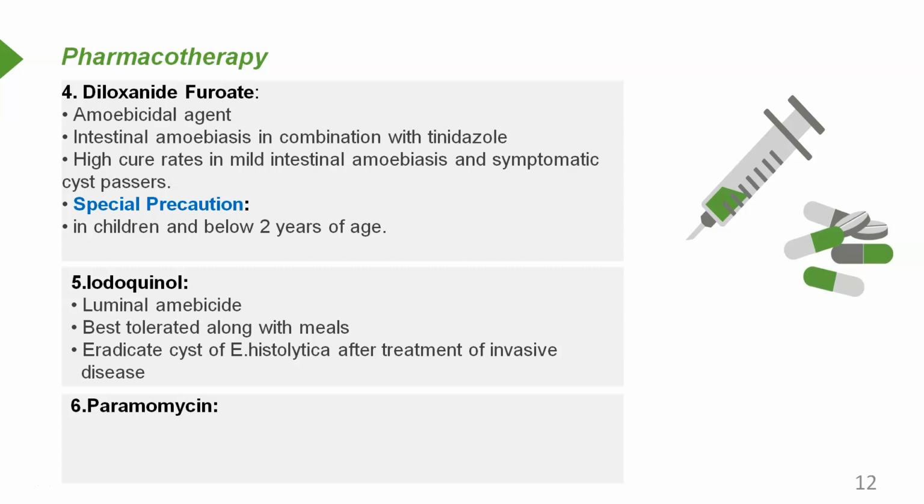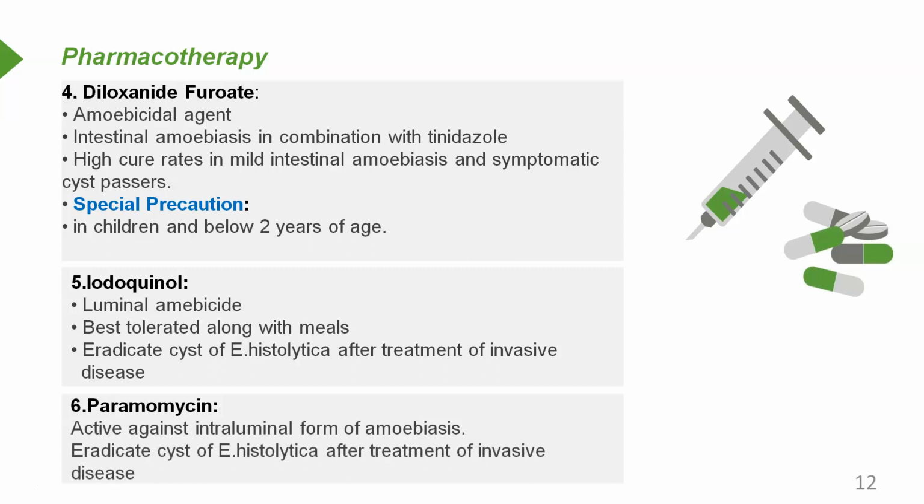Next drug would be paromomycin. It is active only against the intraluminal form of amoebiasis. It eradicates cysts of Entamoeba histolytica after treatment with metronidazole or tinidazole for invasive disease.